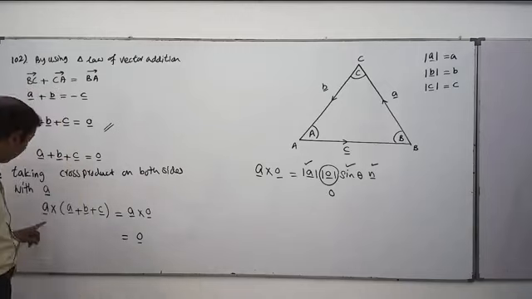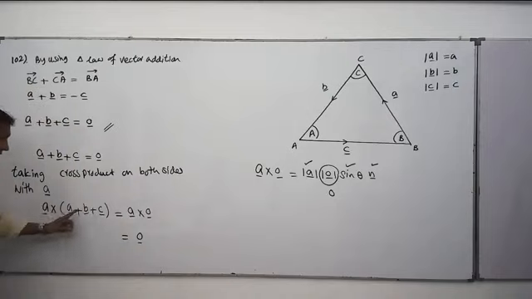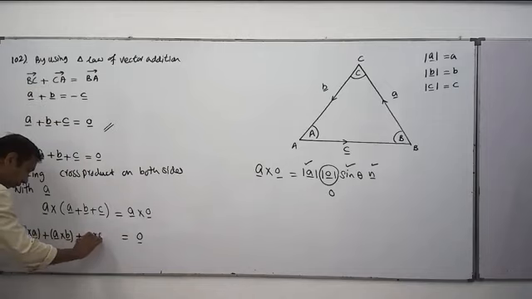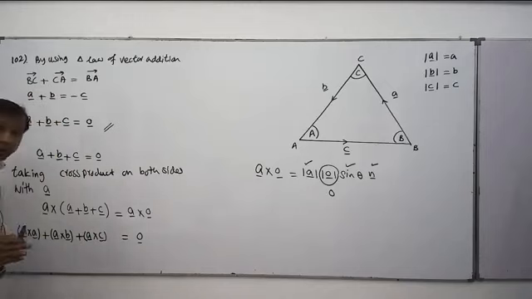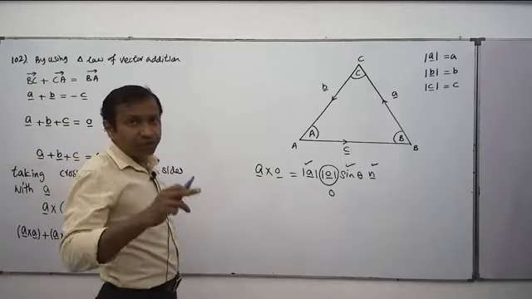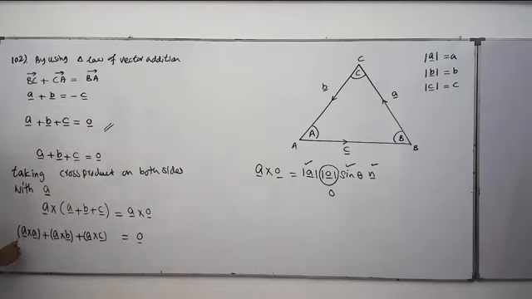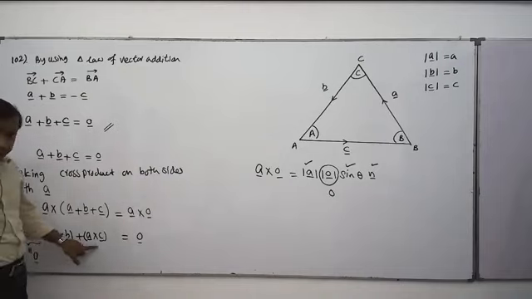Then we get A cross A plus A cross B plus A cross C. People, we learned today that when we take the cross product of a vector with itself, the answer is the 0 vector. So A cross A is the 0 vector. Then we have A cross B plus A cross C is equal to the null vector.